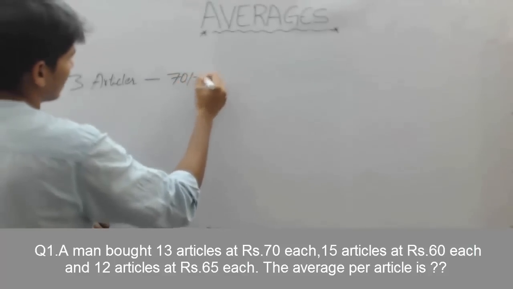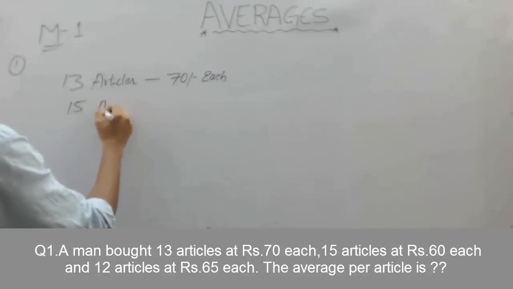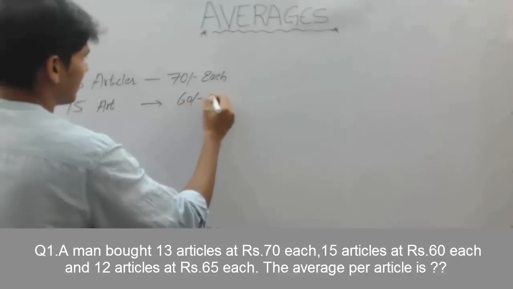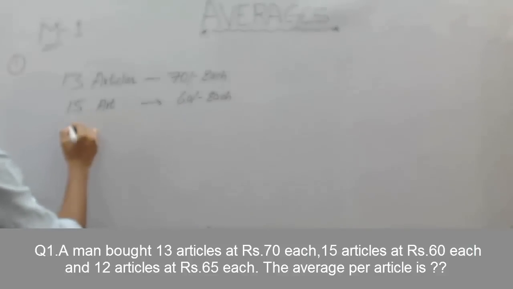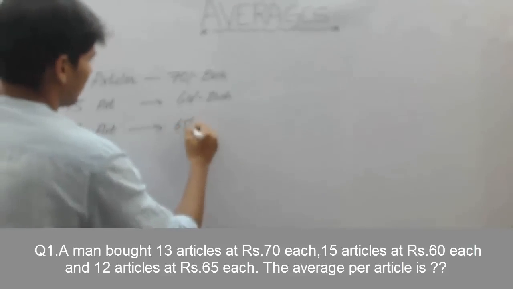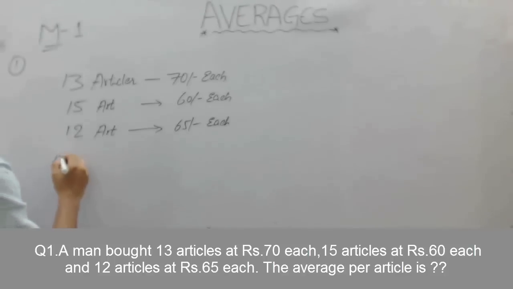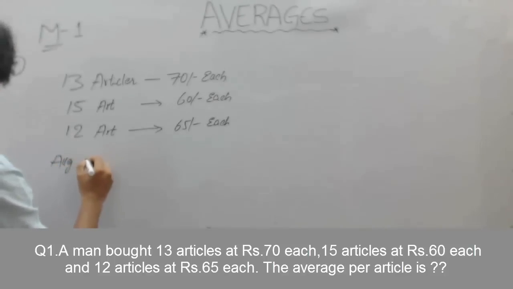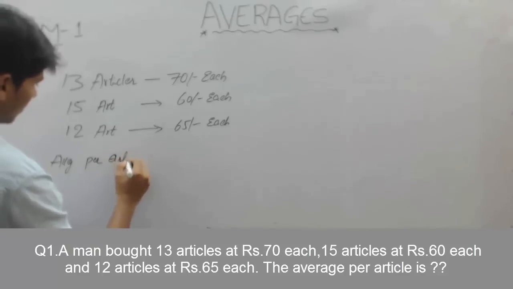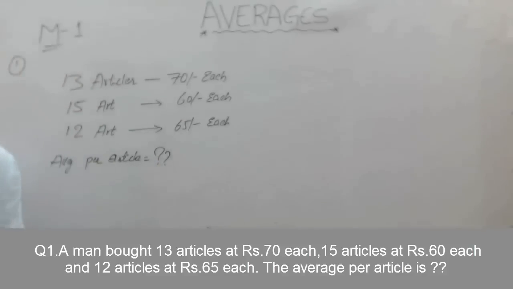He also bought 15 articles at rupees 60 per article, and similarly 12 articles at 65 rupees per article. Now he is asking for the average per article. What would be the average cost of each article?